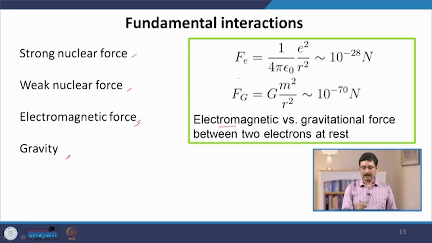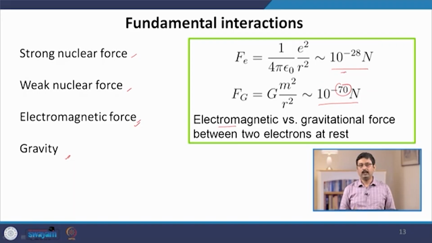For example, here I show a comparison: calculate the electromagnetic force between two electrons at rest, at a certain distance r. The Coulomb force is obviously very small, but the gravitational force between two electrons at the same distance is extremely small compared to the electromagnetic force.